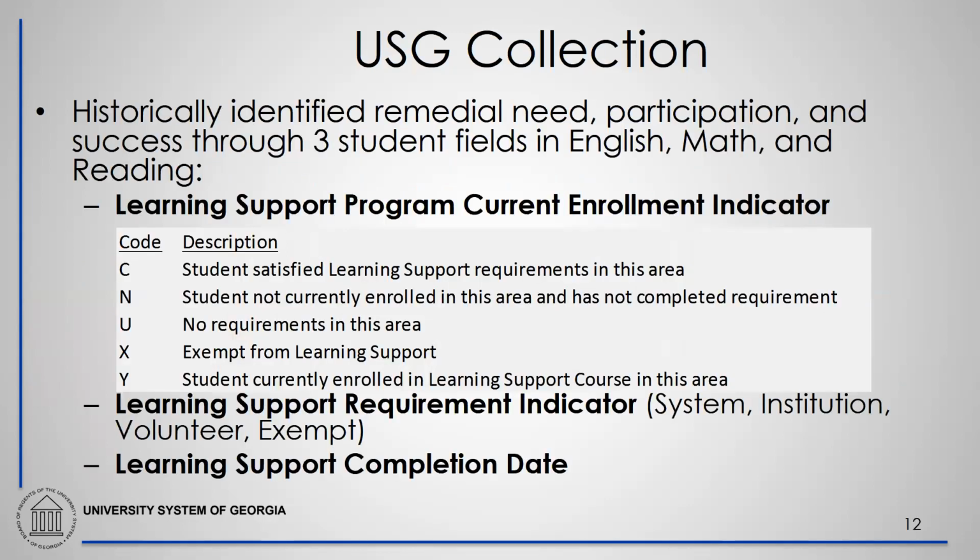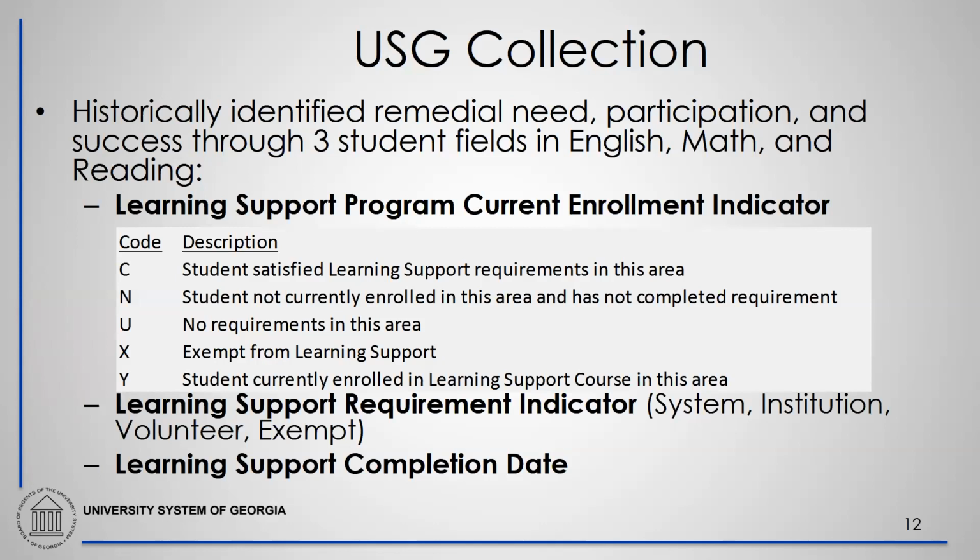So for USG Collection, I am going to talk a little bit about how we historically did it prior to reform, because I think it has insights for systems who don't collect course data. Prior to our remedial reform, we got our learning support data, what we call remediation in Georgia, from student level fields.